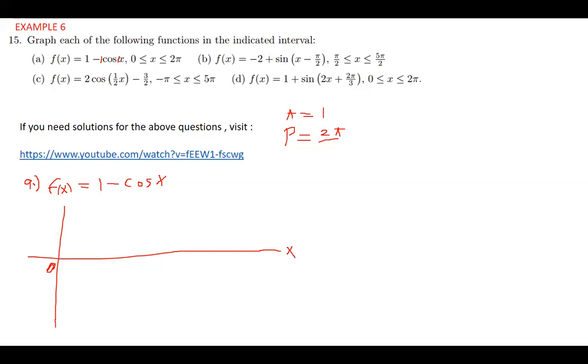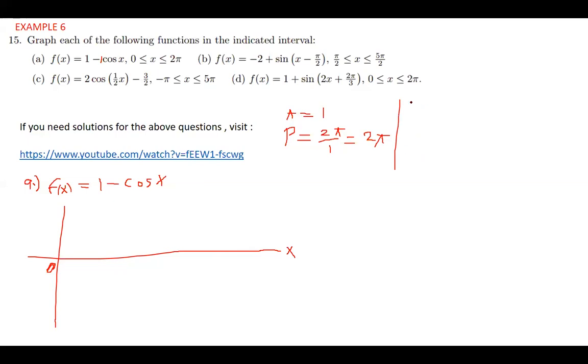So 2 pi divided by 1 will still give me 2 pi. According to this question, we're just going to move one cycle because the domain says we start from 0 up to 2 pi, and we've discovered that our period is 2 pi.